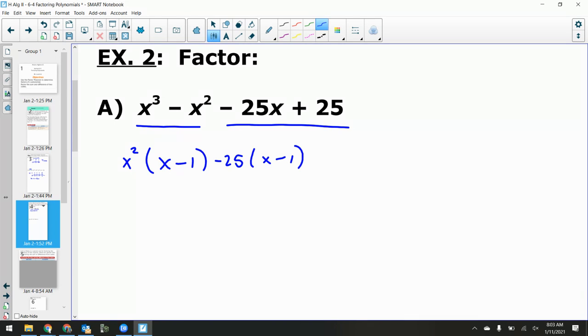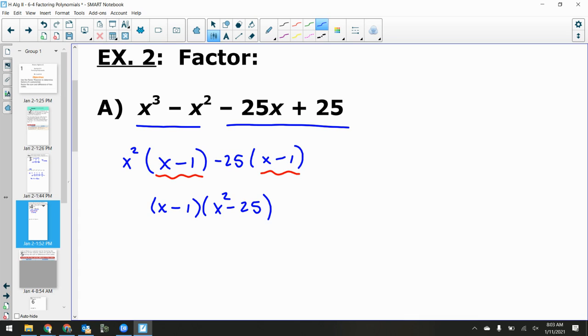Now, once we see that it does indeed factor by grouping, and we see it here because the parentheses are the same, I remove the x minus 1, and the leftover is an x squared minus 25.